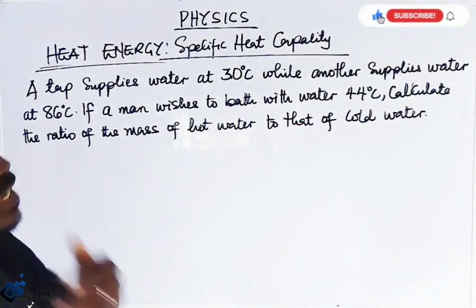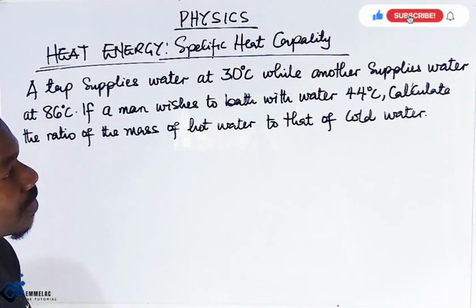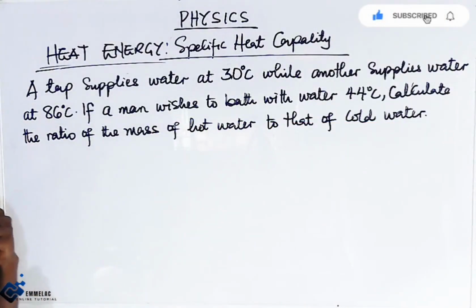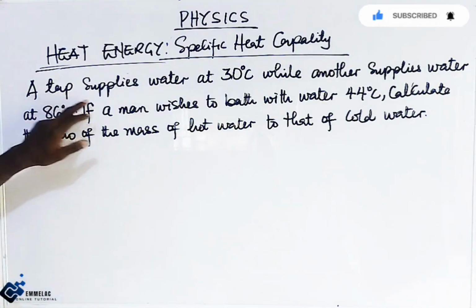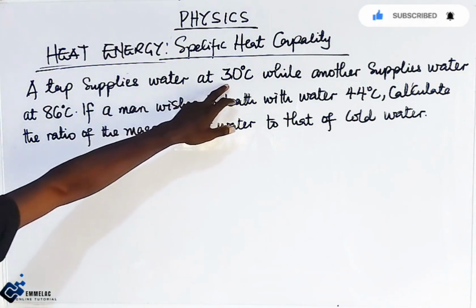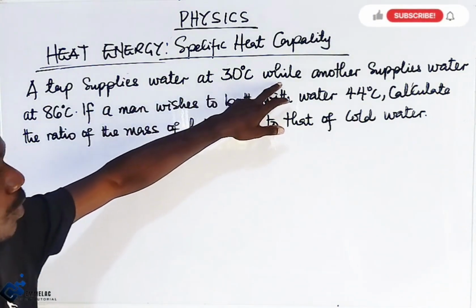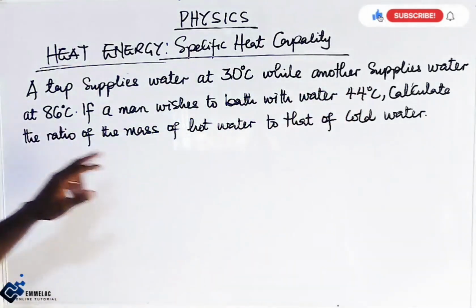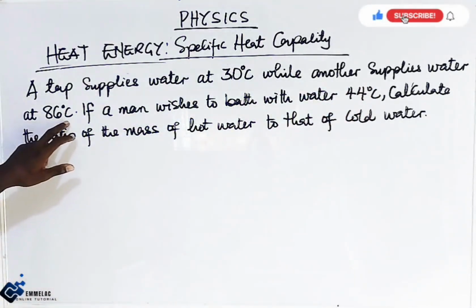Still on specific heat capacity and heat calculations. Now here is another question, and it reads that a tap supplies water at 30 degrees Celsius, while another supplies water at 86 degrees Celsius.